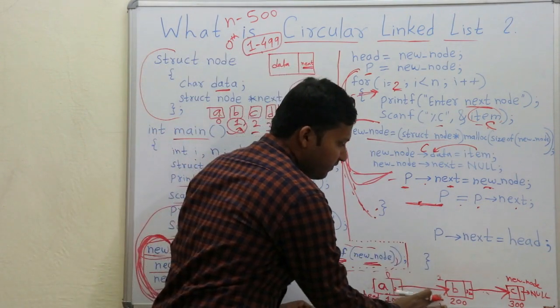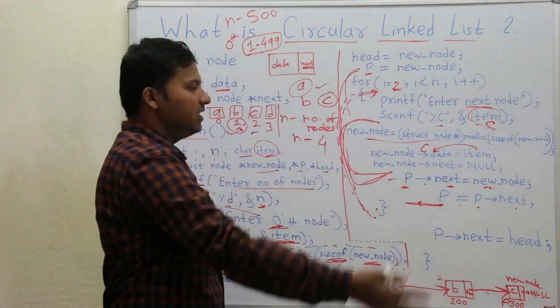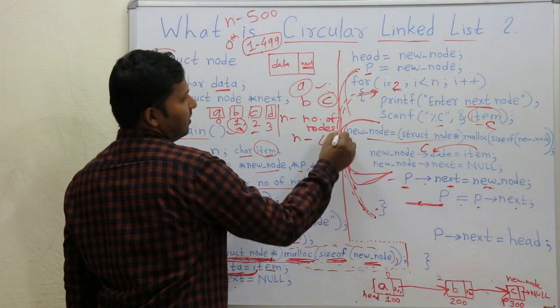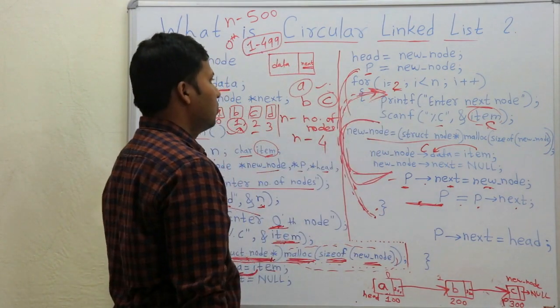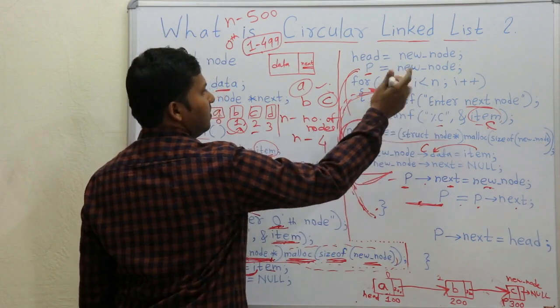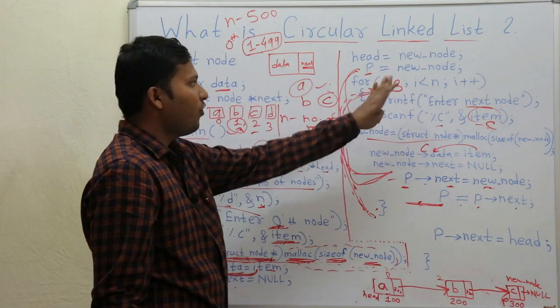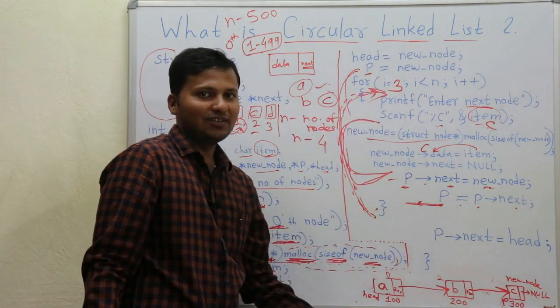This is the preparation for the next for iteration. So now let's go to the next iteration of the for loop. Now I will become 3. So for this third node you have to create the node.